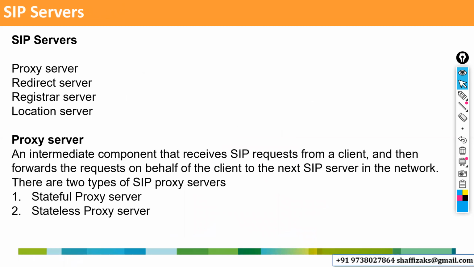Next, the SIP servers. These are the different servers we have: proxy server, redirect server, registrar server, location server. It's very simple actually. Generally, we are not configuring any server. Whenever you go into production and implement something, some default configuration is there.